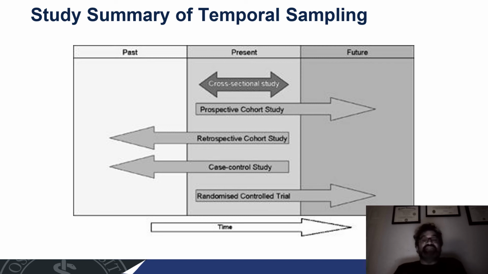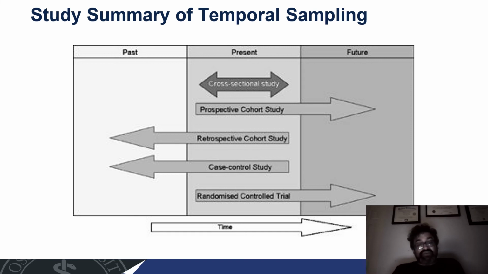So here is a diagram which shows all of the present, retrospective cohort studies, case control studies, and then what goes into the future. Of course, randomized controlled trials will go into the future. But retrospective cohort studies and case control studies are actually going back to the past, starting in the present and looking back at exposure.